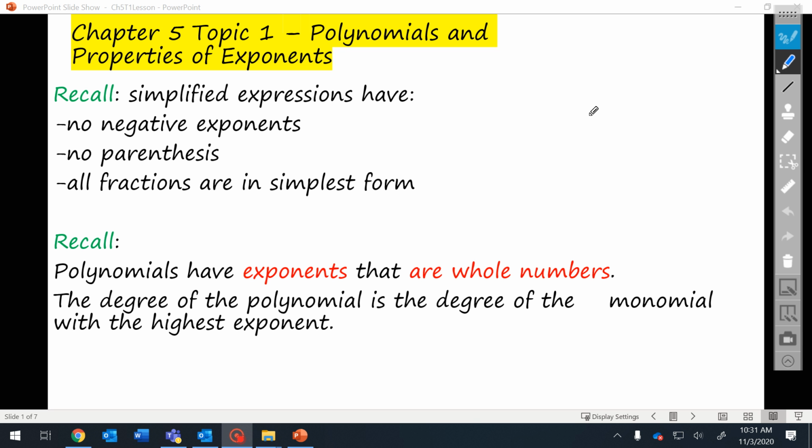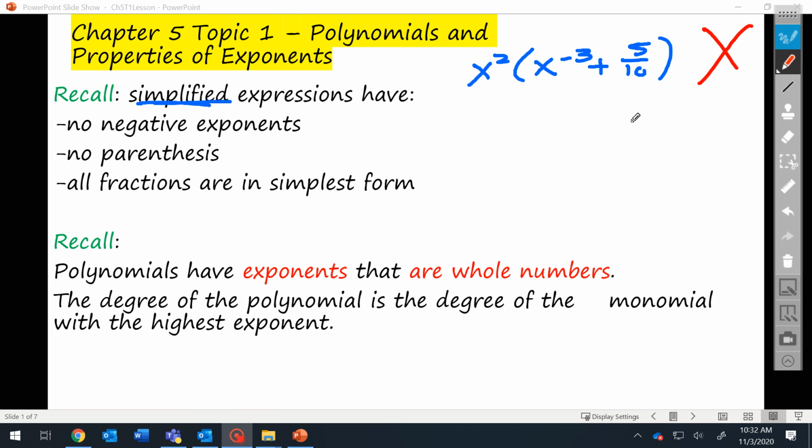So the first thing we're going to look at is the properties of exponents. So recall that simplified expressions do not have negative exponents, they do not have parentheses, and all the fractions are in the simplest form. All right, so something like this, well, it's not a polynomial anyways, but as a simplified expression, this would definitely not be simplified.